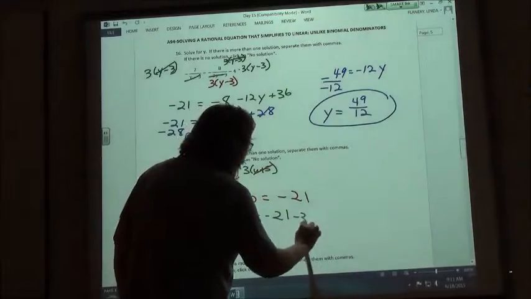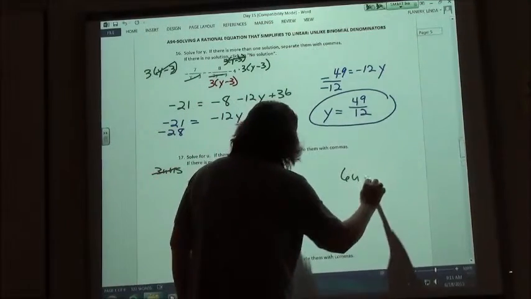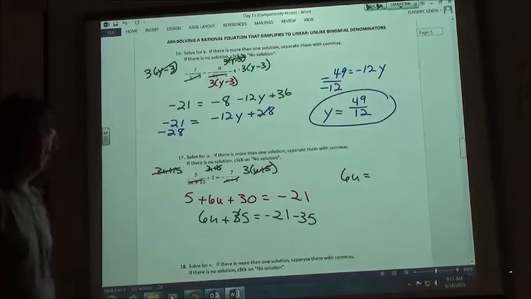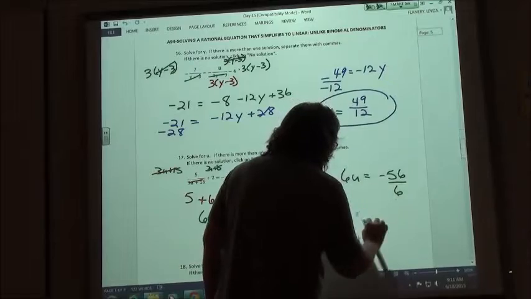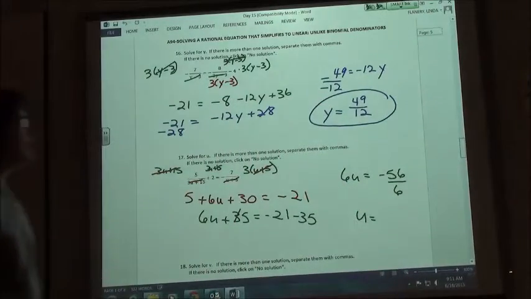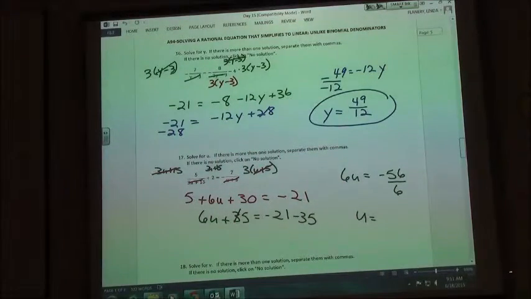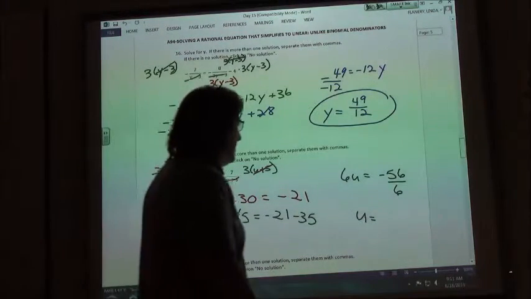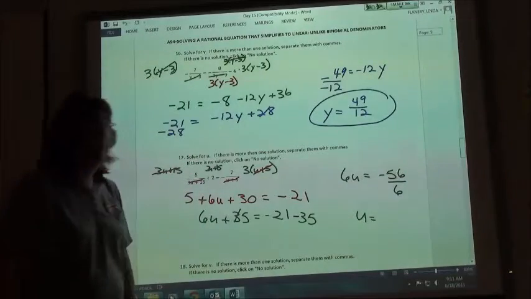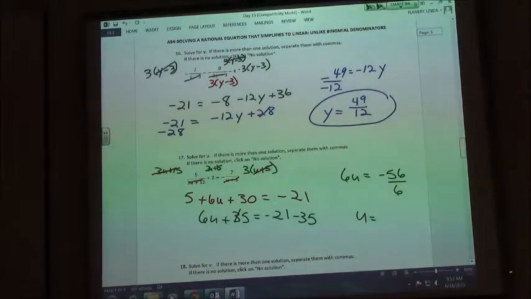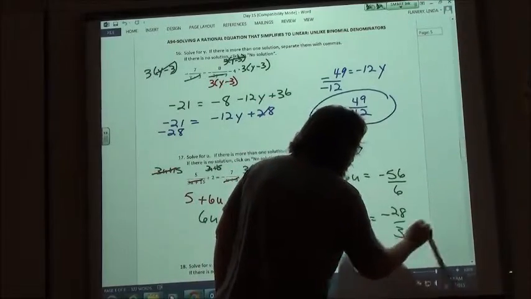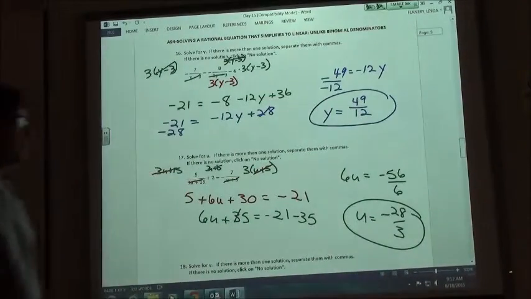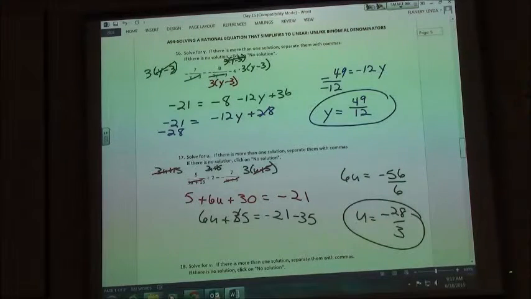Subtracting my 35, I would get 6u equals negative 56, and when I divide by 6 and reduce my fraction down, my answer is going to be negative 28 thirds, right? Since I have a negative over a positive, I'm going to stay negative.